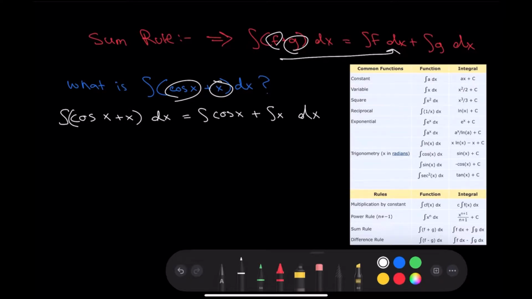And now, since we have this, we're simply going to look at common functions rules on the table beside us, and we're going to find out what each one is.